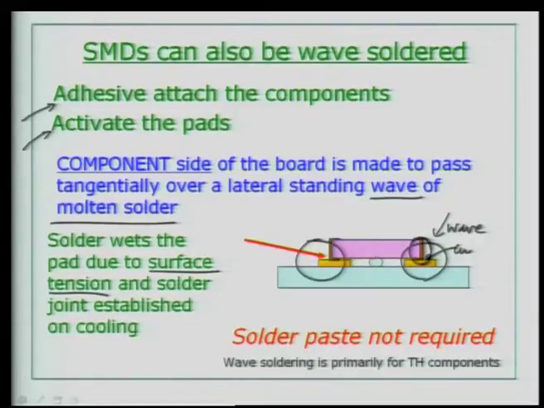So, that is how a joining process takes place in a surface mount device using wave soldering process. So, in this case, as you can understand, because we are using an adhesive, you do not have to use a solder paste. So, solder paste application is not required.